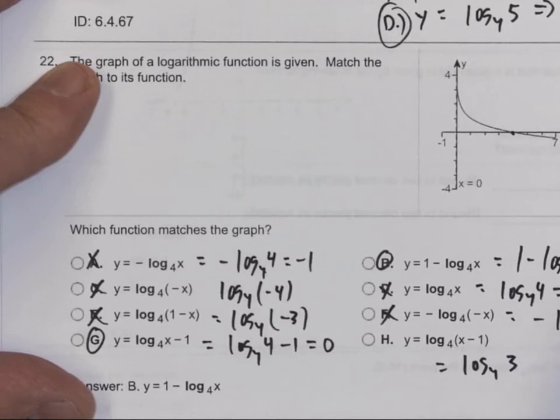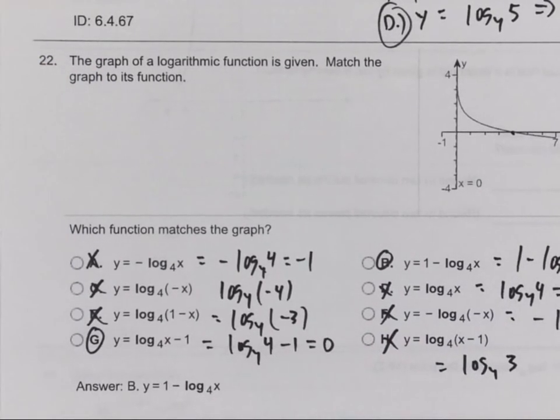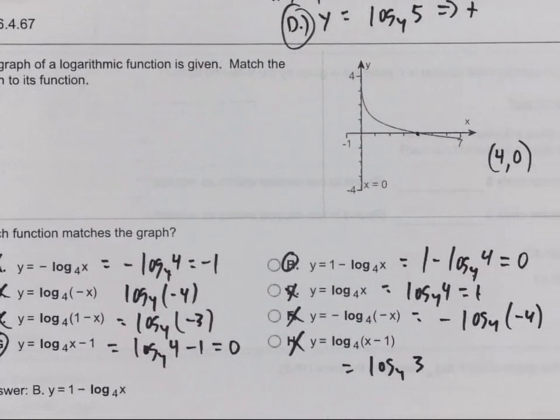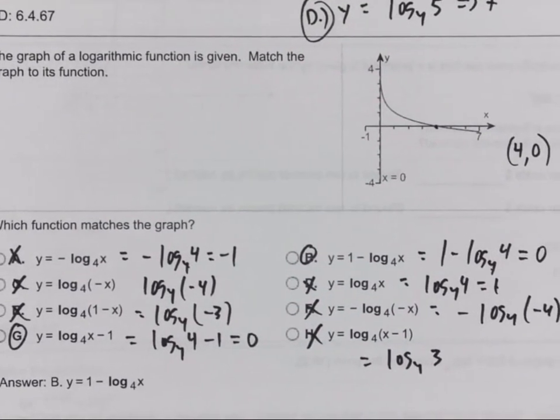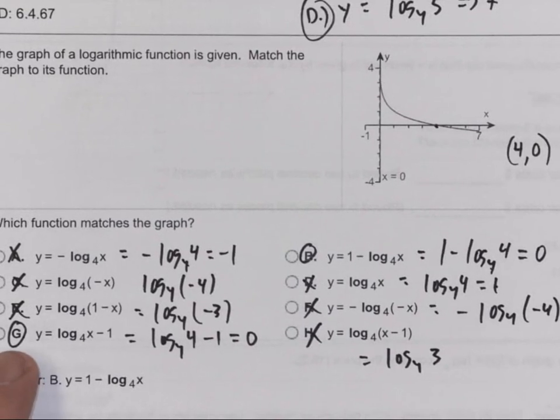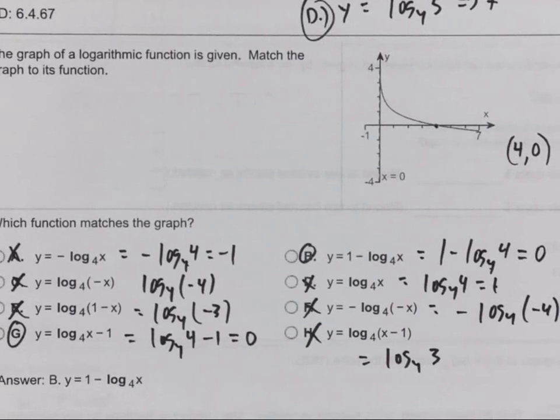It's definitely not 0. So once again, I've narrowed it down to 2 equations. Either G or B.